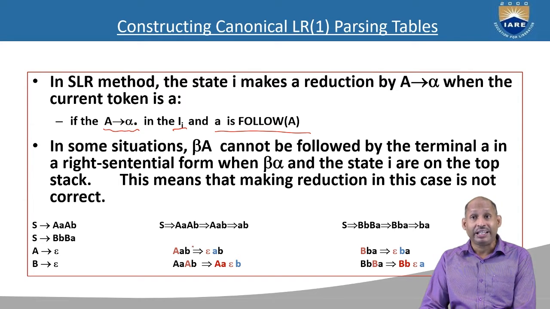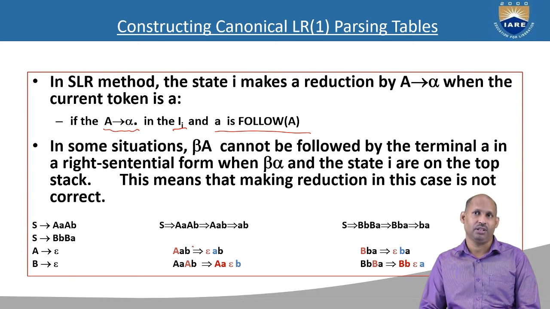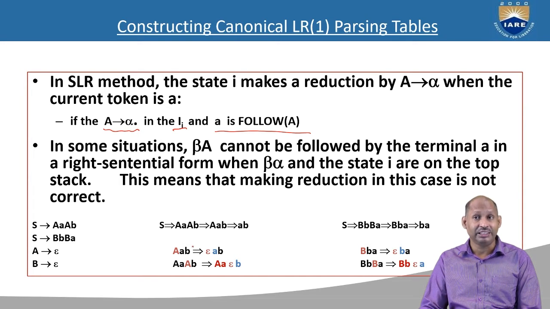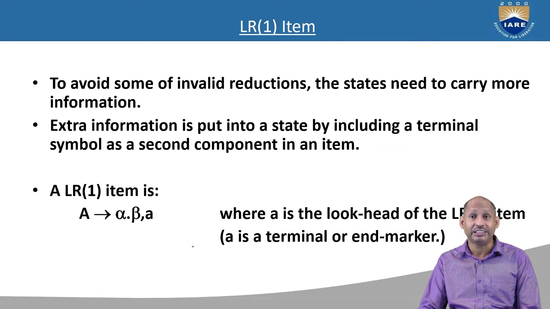If we consider this example, we can do it in another way. So we consider additional information in the state to avoid multiple possibilities, for the reduction of the production.